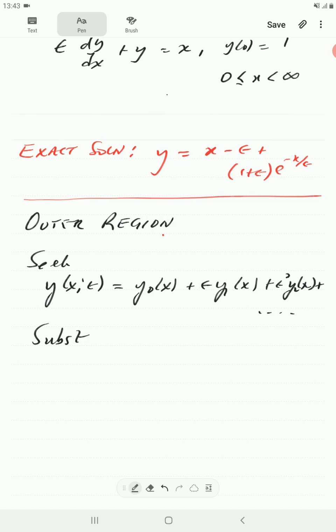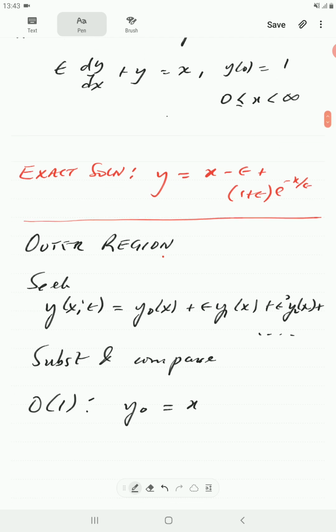then this is what we're going to get. Substitute and compare or balance. At order 1, or epsilon to the power 0, it's going to give us y0 equal to x. So this is our reduced problem.